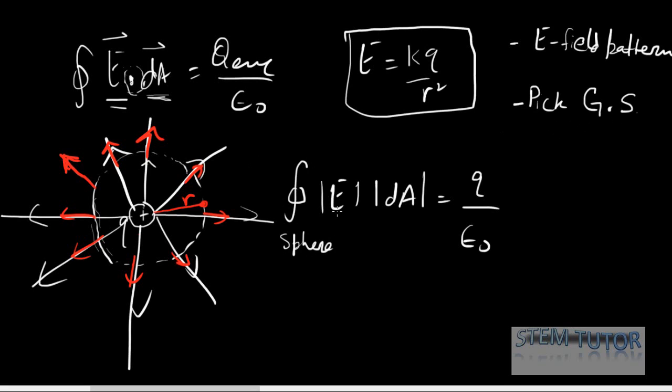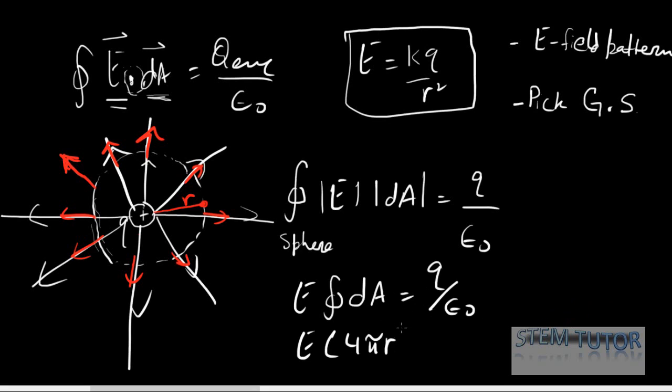Now what do you know about the electric field value at the edges of the sphere when r is constant? If r is constant, then the electric field is also constant. What does that imply? It can come out of the integral. So it becomes E times the integral of dA equals q over epsilon naught, and the area of a sphere is 4 pi r squared.